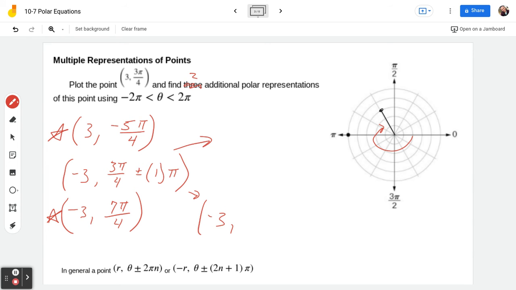I'm getting lost in my own translation here. Okay, so 3 pi over 4, just to confirm, minus 4 pi over 4, yes, that makes sense, is negative pi over 4. So there are actually 3 different ways that we can represent this. One is maybe a little bit more complicated using this similar formula here, but both are going to be, in essence, the same representation of the same point in polar form.